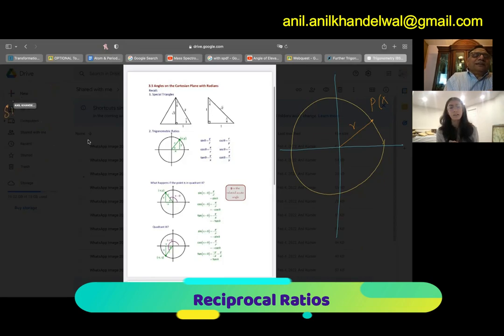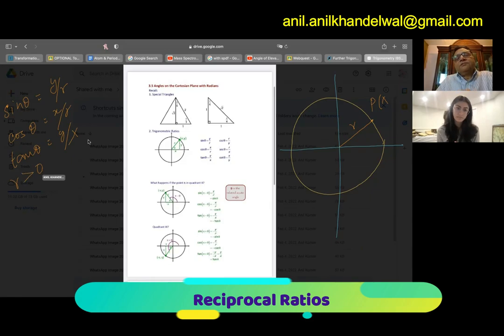Sine theta is the ratio of y over r. Cos theta is x over r, and tan theta is y over x, right? Now, it is important to understand that r is always positive. r is always greater than 0. Is it clear to you? Radius cannot be negative. It is considered to be positive.